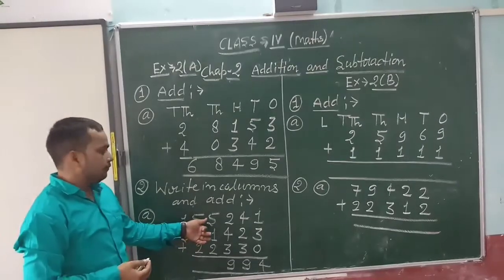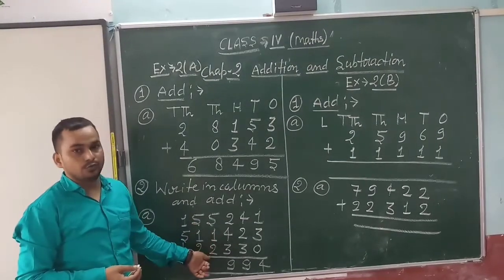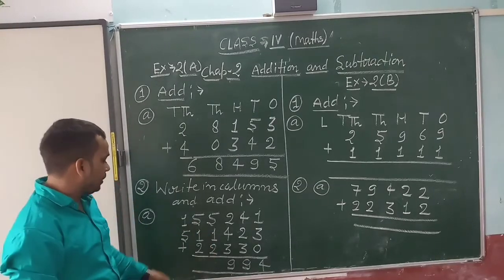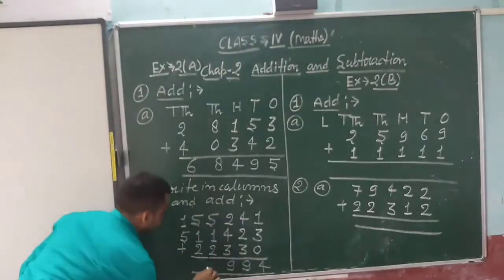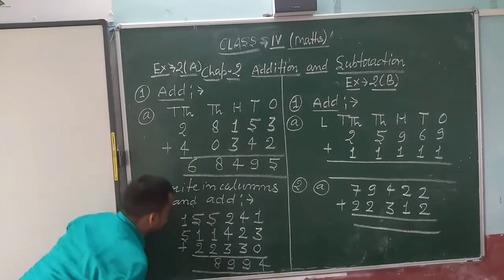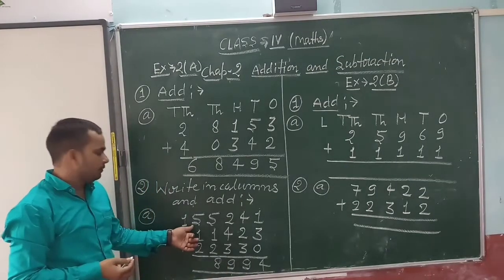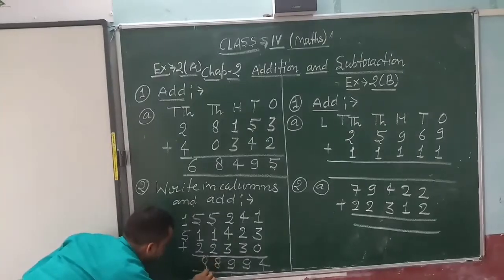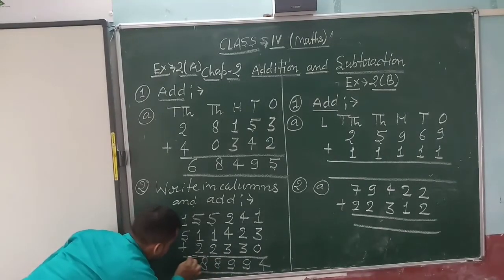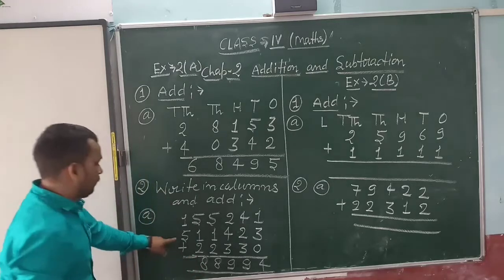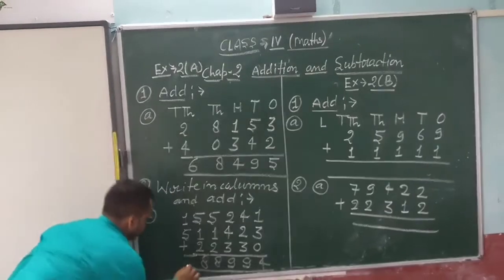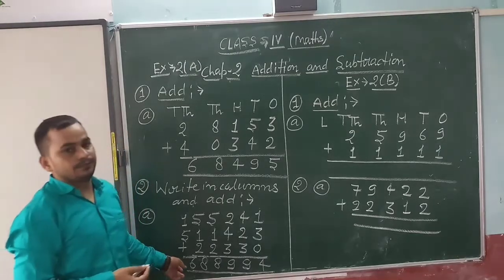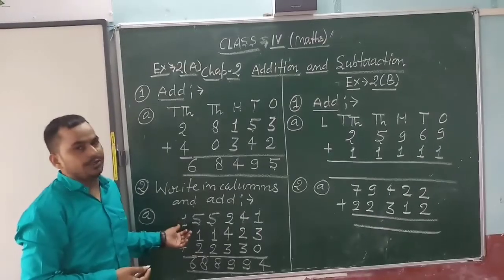Then 5, 1 and 2, so 5 plus 1, 6, and 6 plus 2, 8, so we have 8. Then 5 plus 1, so we have 6. That is the addition of the given 3 numbers.